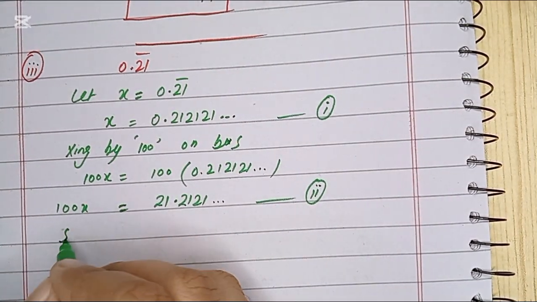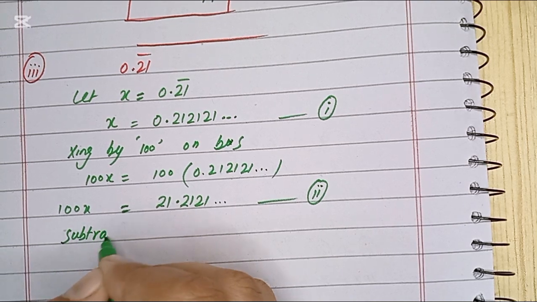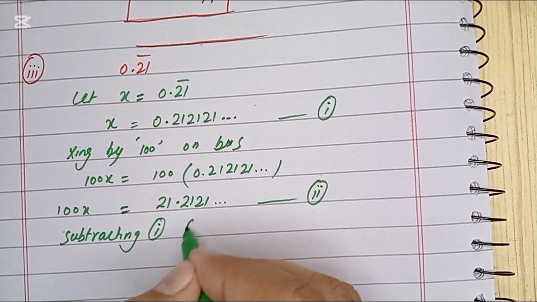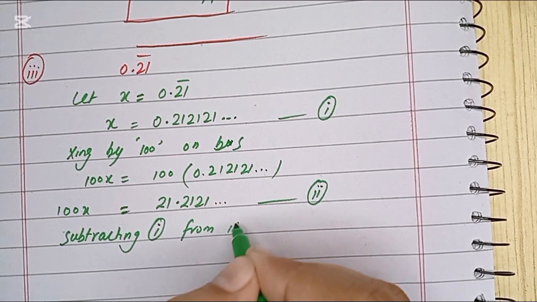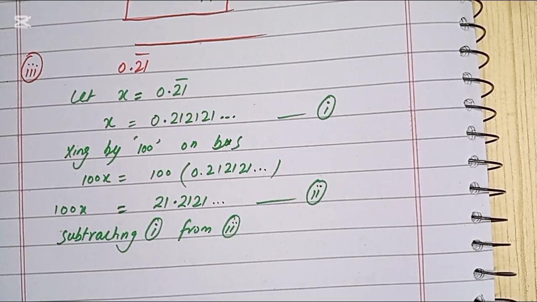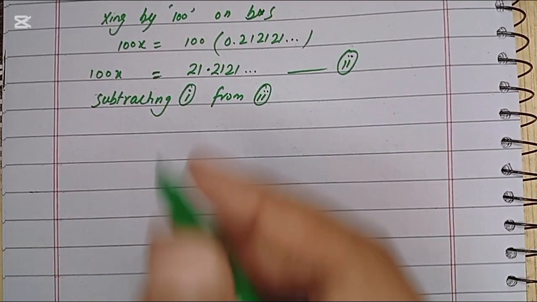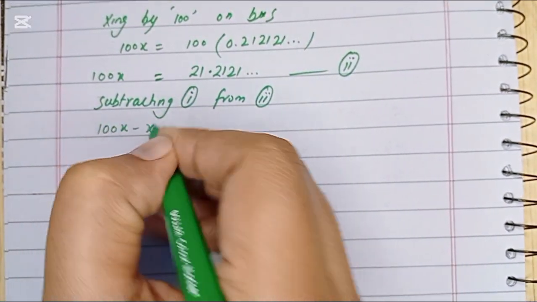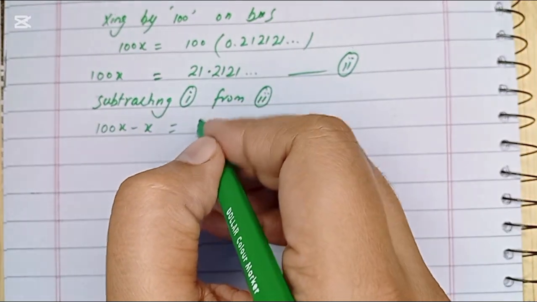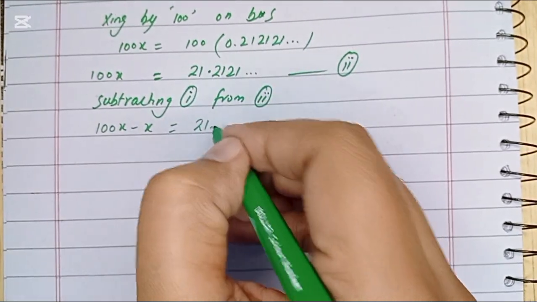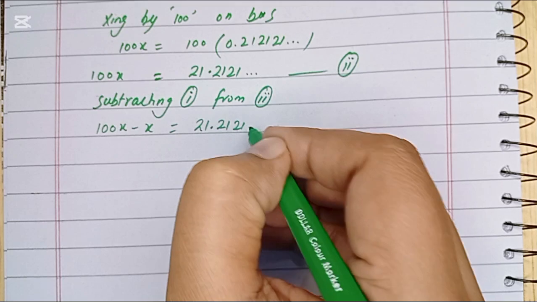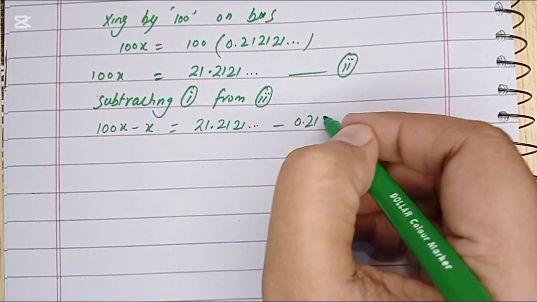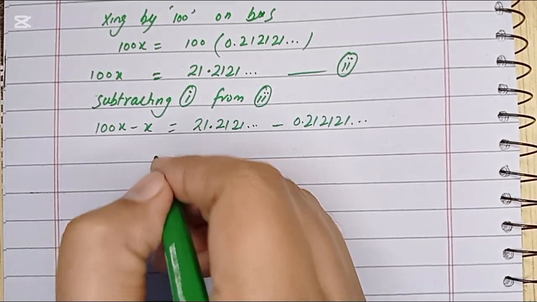Again we will subtract expression 1 from expression 2. It will become 100x minus x on one side, and on the other side 21.2121 and so on minus 0.212121 and so on.